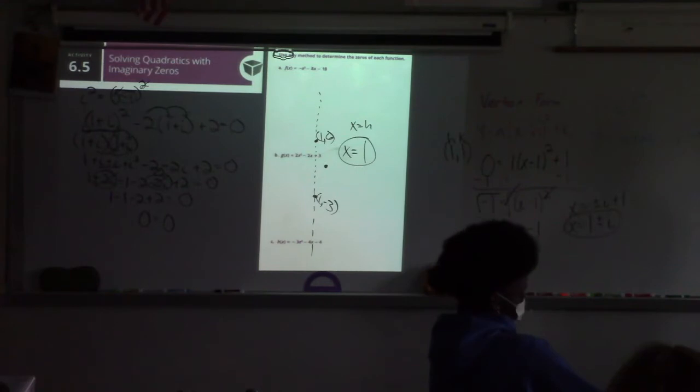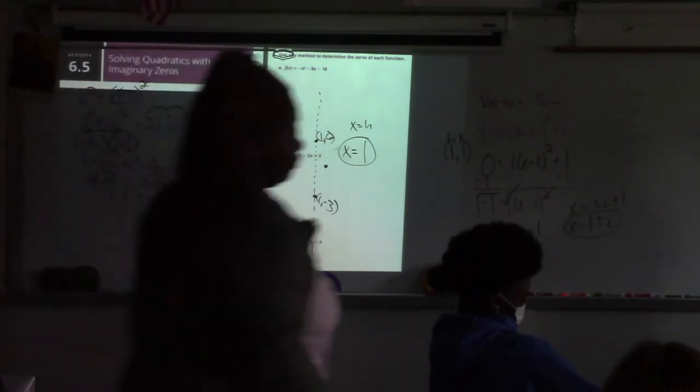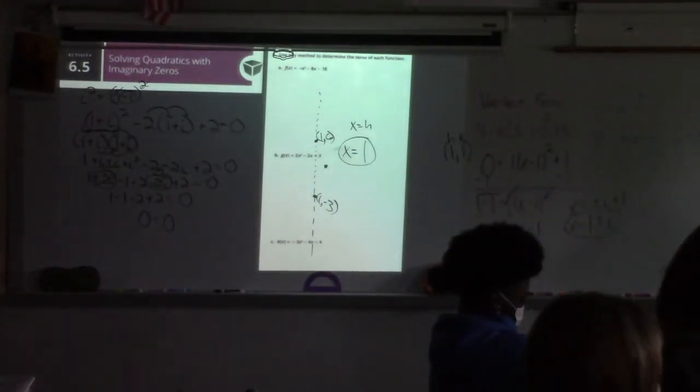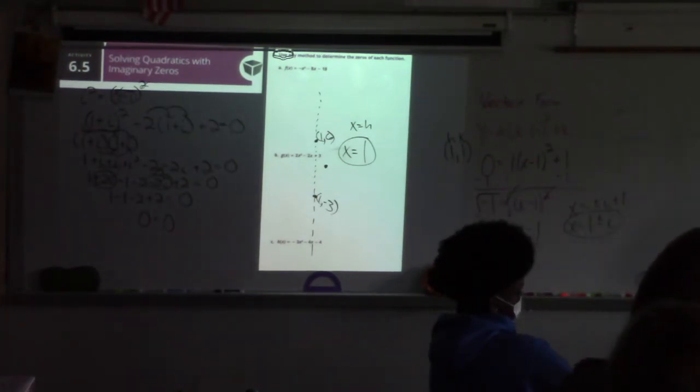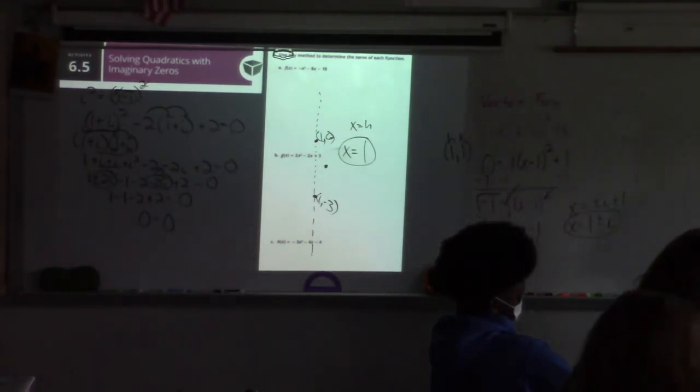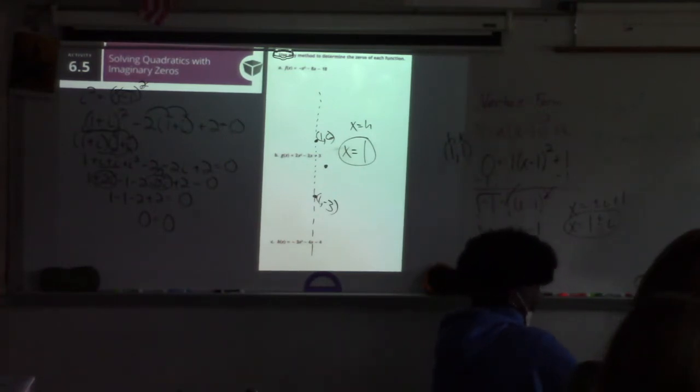Quadratic formula, right? You can also do that to check yourself and make sure you get the same answer. If I were you, I would use the vertex form at least once, and the quadratic formula at least once, so you get practice with both. Any questions? Let's get to work.